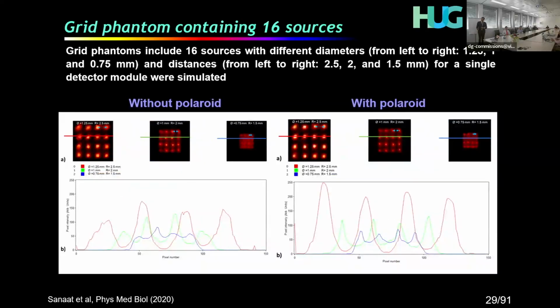And here you can see we also simulated a grid phantom containing 16 sources, and the scanner with Polaroid showed better performance in distinguishing these spheres. The line intensity profile is much better in comparison to when you don't use the Polaroid.